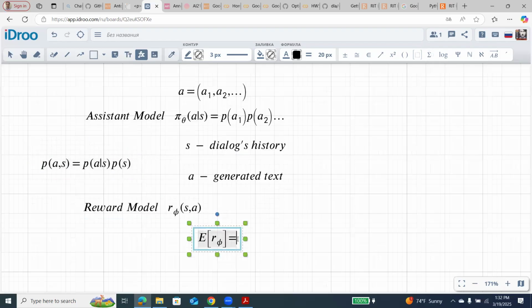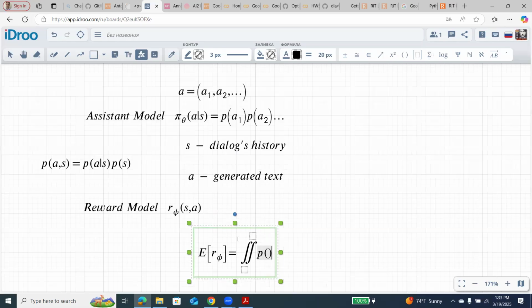Formally, I should write here a double integral over S and over A, with the probability over A and S, times the reward that depends on A and S. But because this joint probability can be represented as the product, we can represent this double integral as an iterated integral.